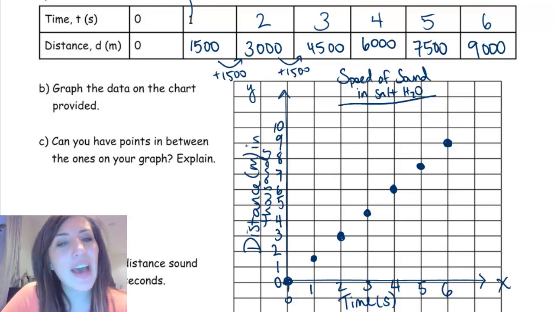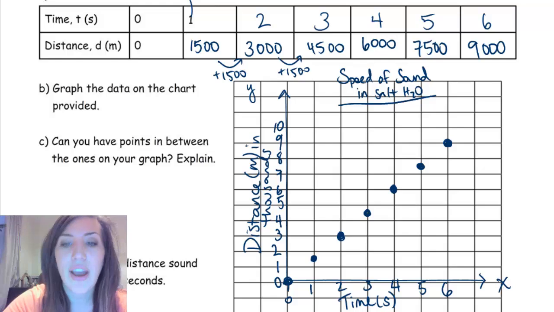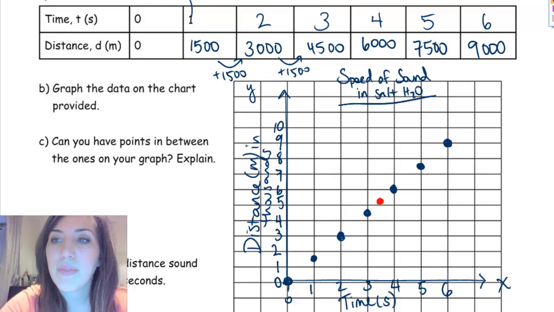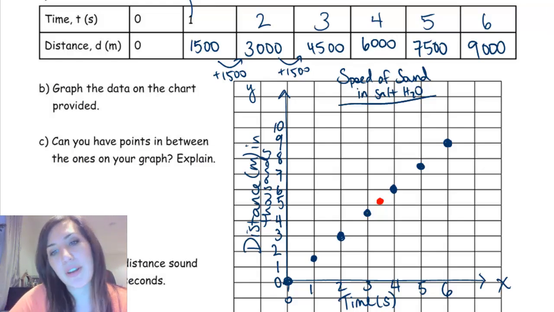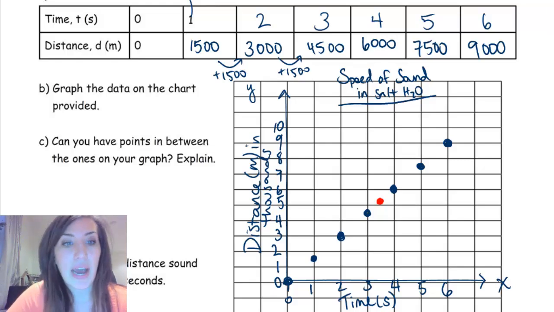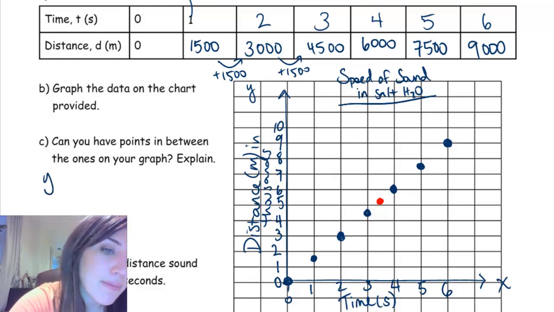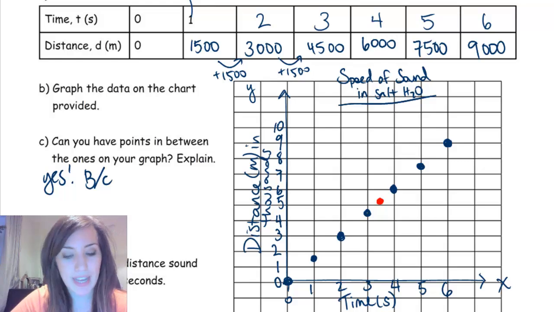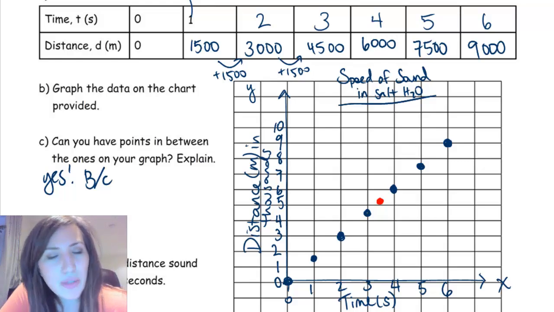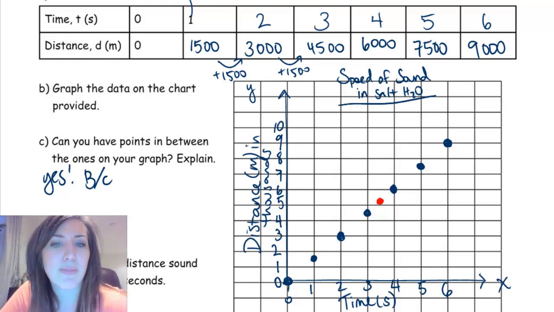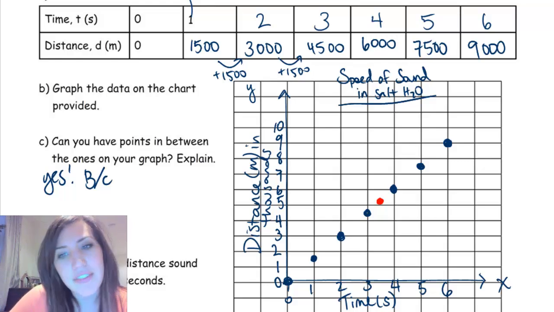Way to go. Can you have points in between these ones on your graph? For example, could you put a red dot right, say, here? Could you do that? Well, let's think about it. I would say yes, because I'm going to write B/C, which means because. Why can't you measure the distance that sound travels in 3.5 seconds?